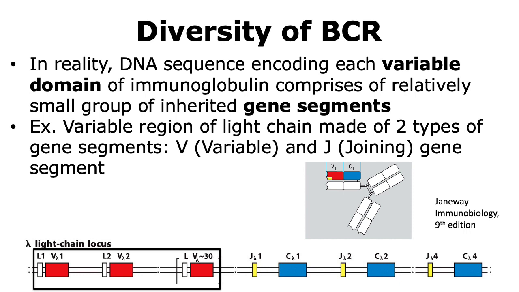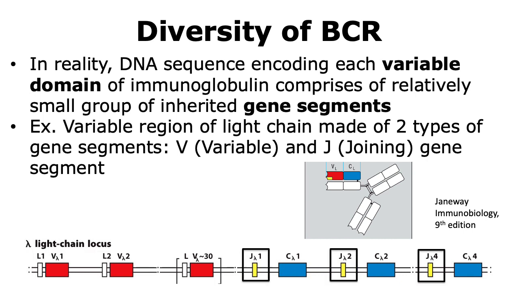And there are around 30 variable gene segments that are present in that lambda light chain locus. But we also have another gene segment which is called the J or the joining gene segment. And thus, when we look at the light chain locus of the lambda light chain, we're able to see the presence of two gene segments, the variable and the J or joining gene segment.